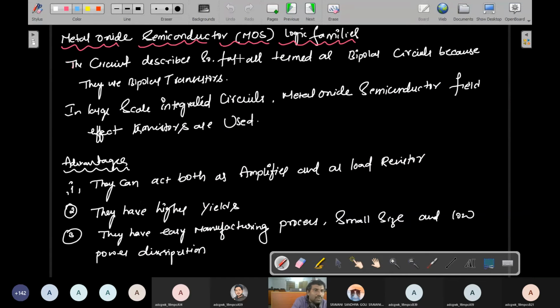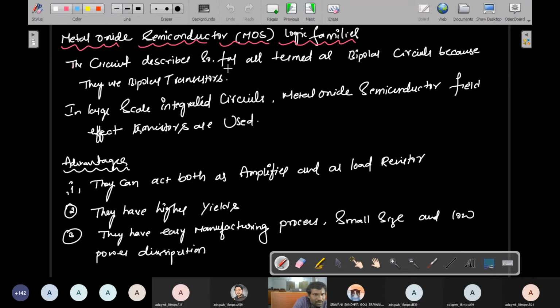So these are the advantages of CMOSFET, and this is about the metal oxide semiconductor. Generally, all logic families are manufactured using bipolar circuits, because these circuits are designed with bipolar transistors. But bipolar transistor logic families are almost small scale integrated circuits, and some medium integrated circuits.